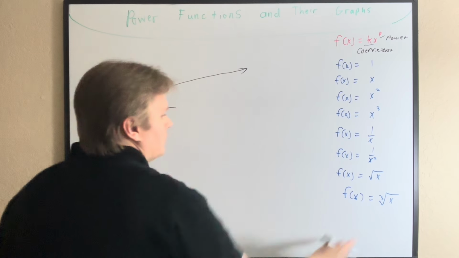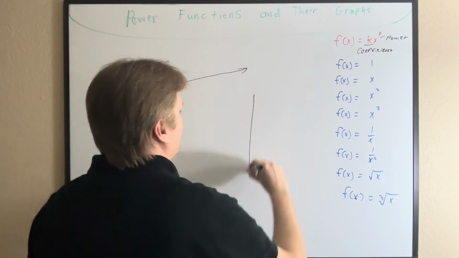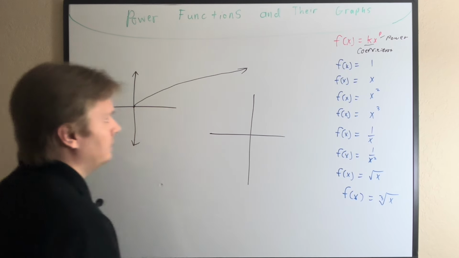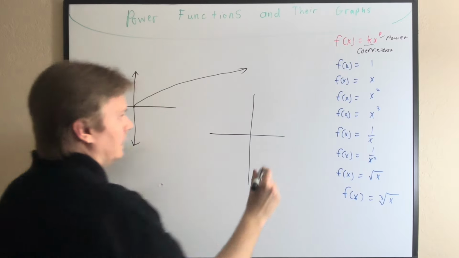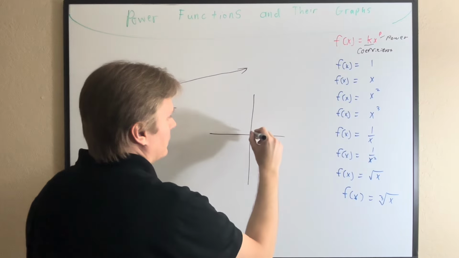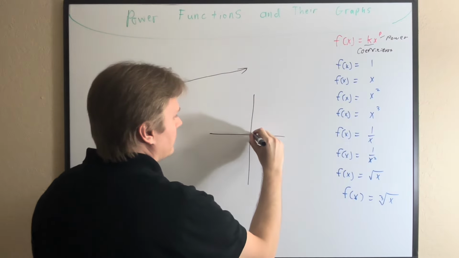What about the cube root of x? Well, when you take the cube root, you can have negative numbers. So what happens?